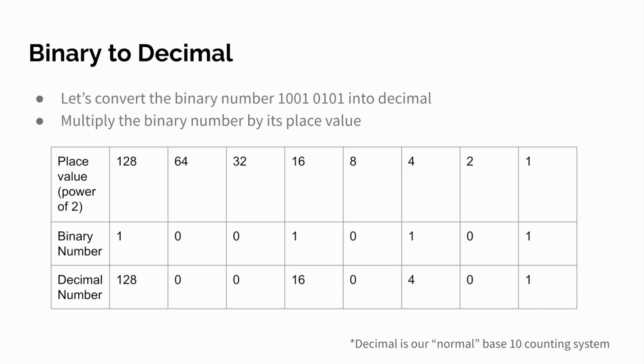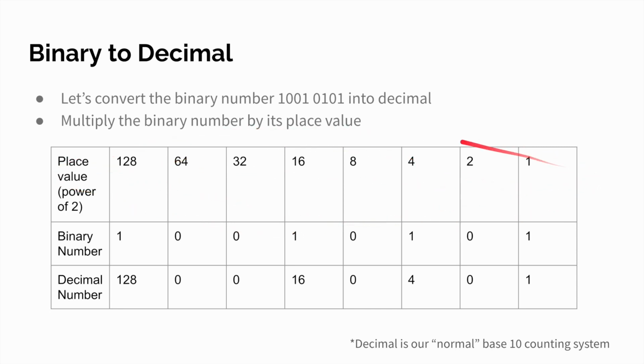So let's convert the binary number 10010101 into decimal. When you're doing this, you're going to draw this table here, and this table is how you're going to carry out your calculations. The top row has 8 spaces, and these are our place values.